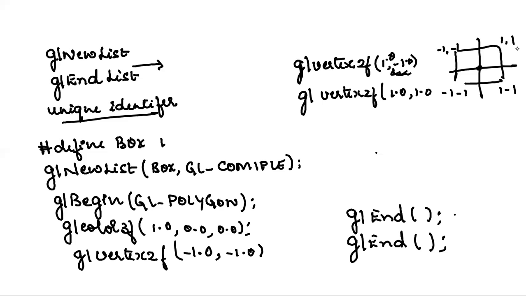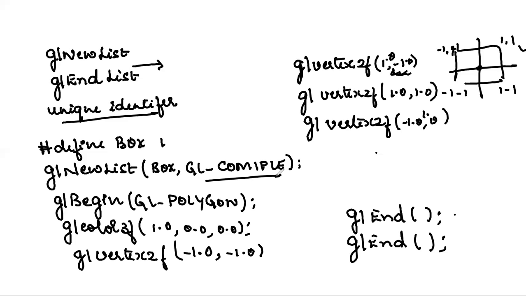That is this one, which is plus for us. Next I'll write the fourth point, glVertex2f of -1.0 and 1.0.